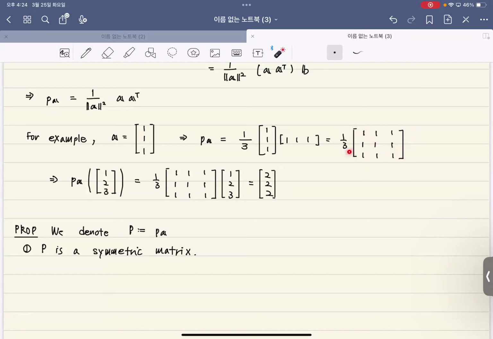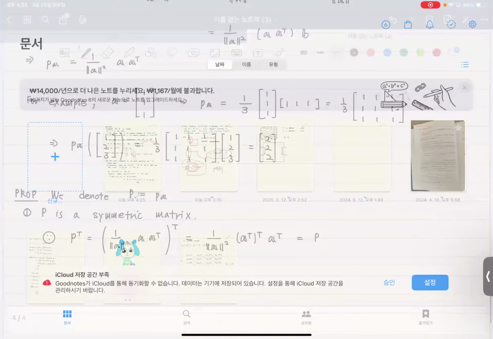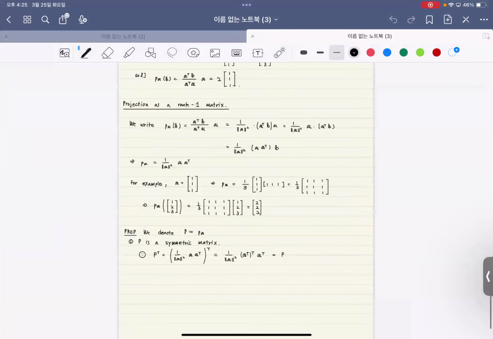This is not a coincidence, because if you take the transpose of P, which is just taking the transpose of A A transpose, then A transpose transposed has no effect, and the scalar is a number. So clearly this is P. So P is symmetric.